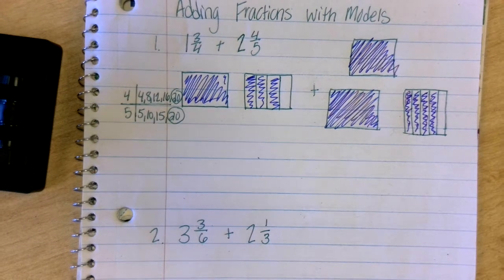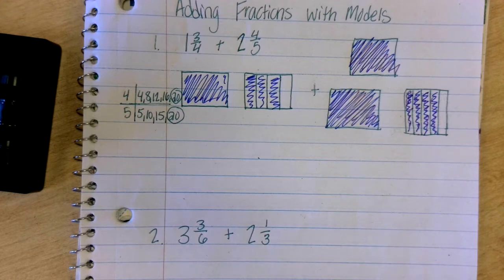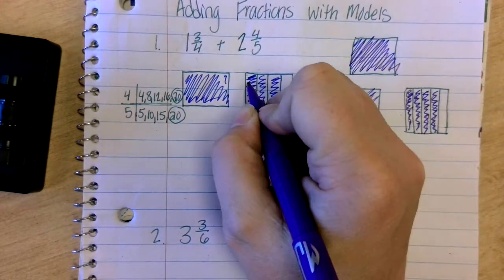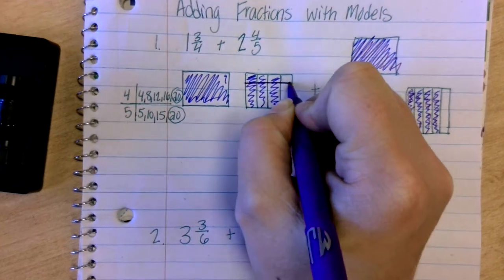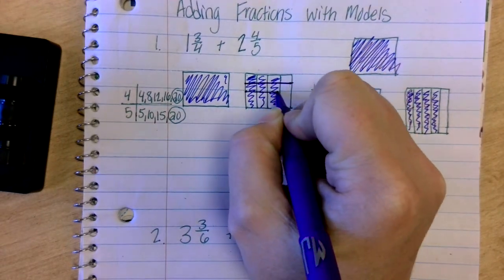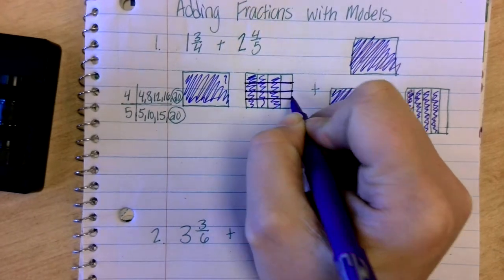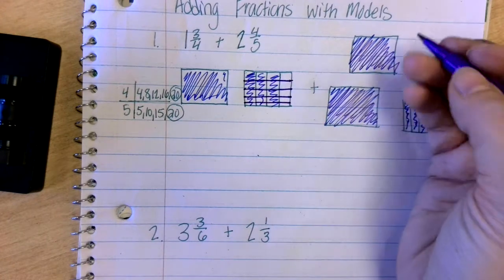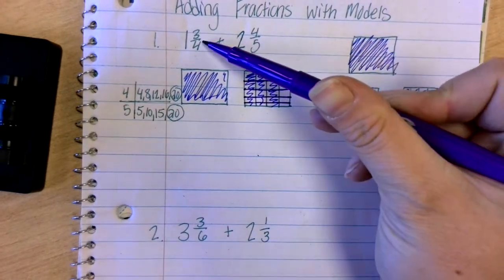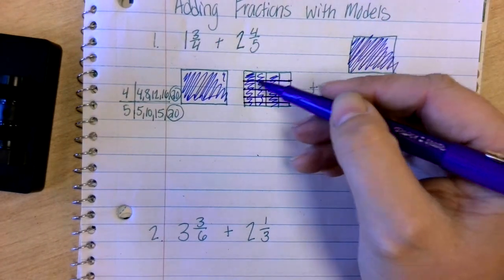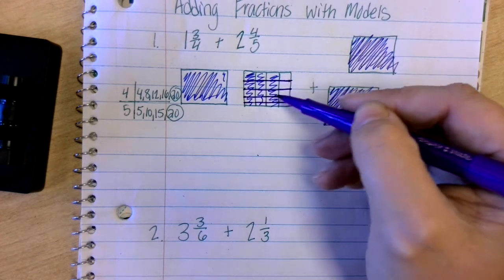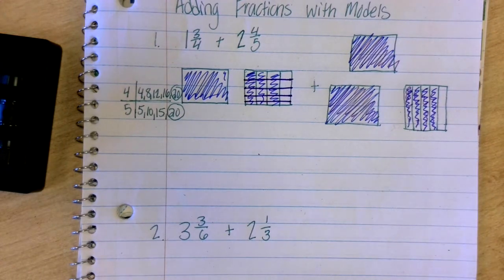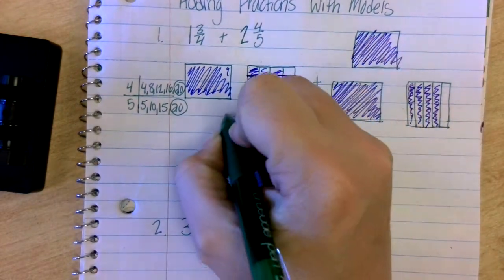So I'm going to split it into 5 across this way, just like this. 1, 2, 3, 4. Okay, so now I have 20ths here. And so I have changed 3/4 into 1, 2, 3, 4, 5, 6, 7, 8, 9, 10, 11, 12, 13, 14, 15 20ths. So now I have 1 and 15 20ths.